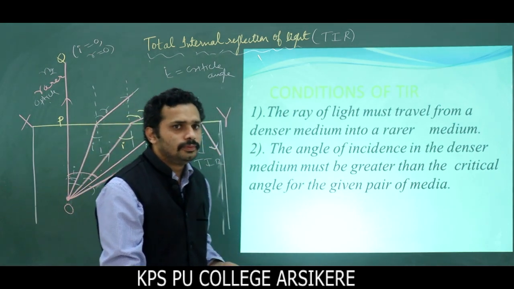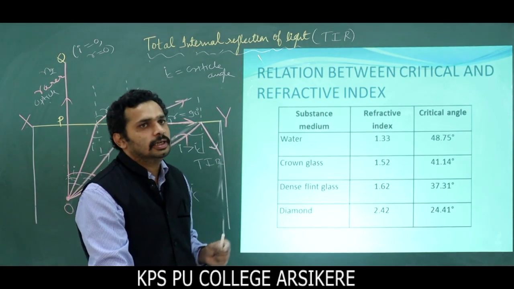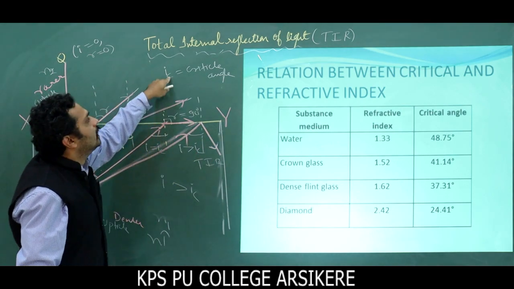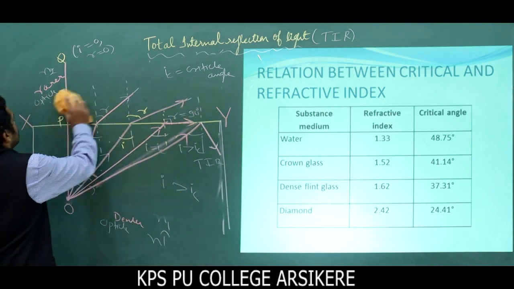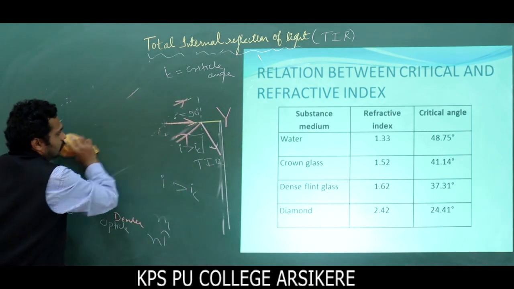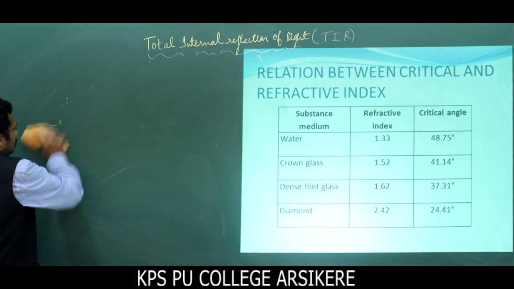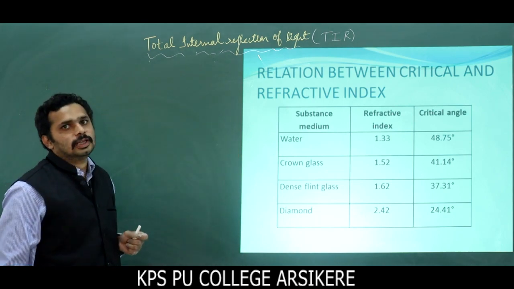Now we are going to discuss the very important relation, the relation between refractive index and critical angle. What is the relation between refractive index and critical angle? We know that critical angle is the deciding angle. If I is less than IC, it obeys laws of refraction. If I is greater than IC, it obeys laws of reflection.